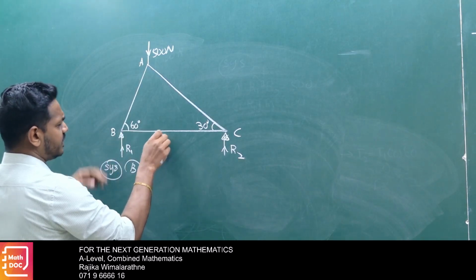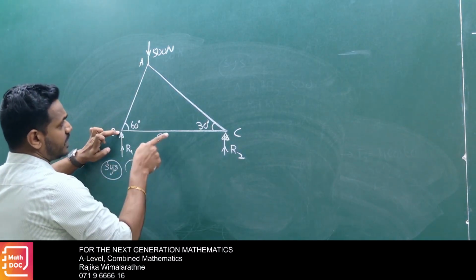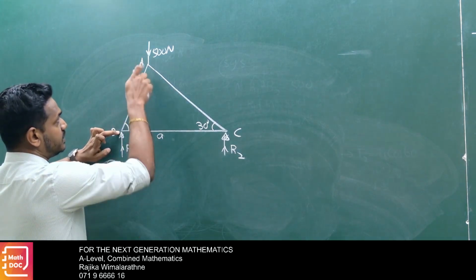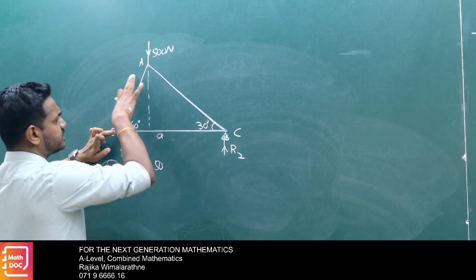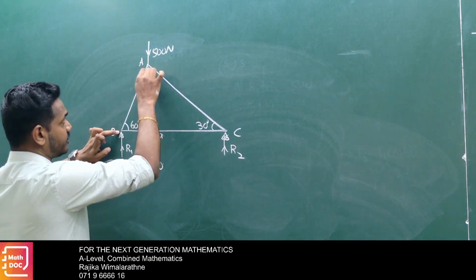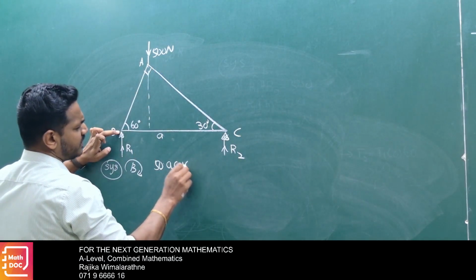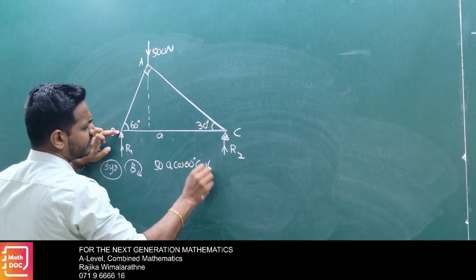Take this one as A, then here A cos 60, then 500 into A cos 60, cos 60.